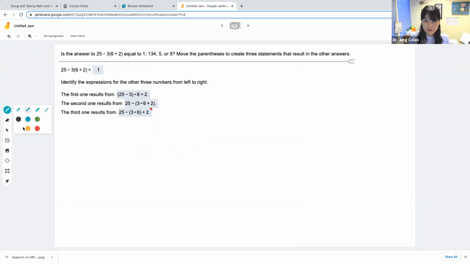Okay. So using the same question, you just need to move around the parentheses to get 1, 134, 5, or 9. So if you calculate this one, 25 minus 3 times 6 plus 2, we know we need to do PEMDAS.